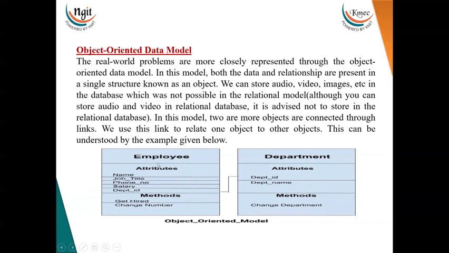Here in this data model, we represent both data as well as the relationships within a single structure. This single rectangle can be considered as an object. Every object has its own name, characteristic features represented as attributes, and then functionalities or relationships represented as methods.